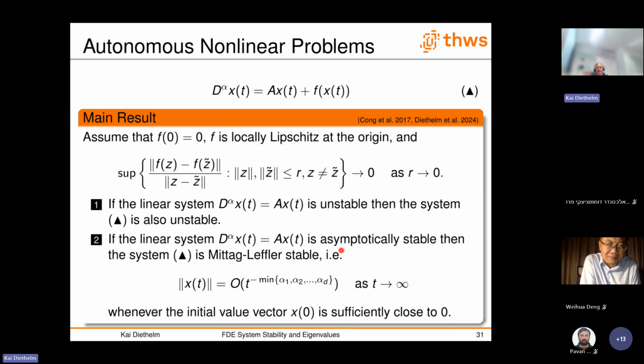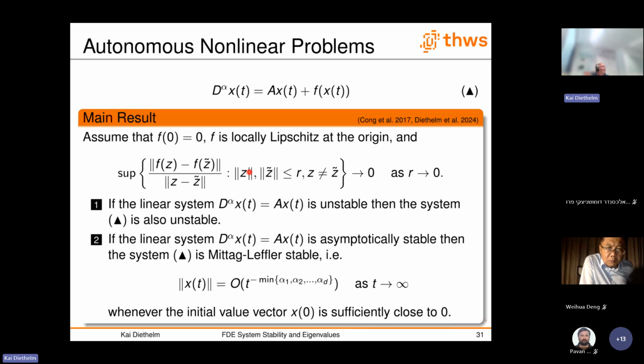And finally, the case where we really have a nonlinear problem, an autonomous one. And here we can say something in the case when this function f here is locally Lipschitz at the origin, and the Lipschitz condition tends to 0 as you concentrate on a region around the origin.